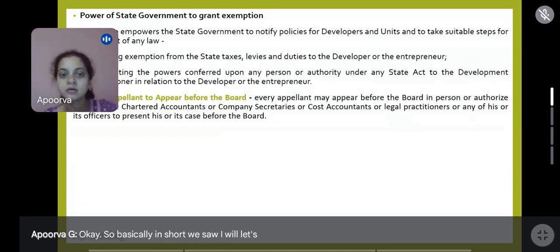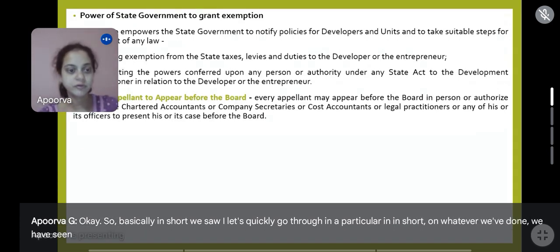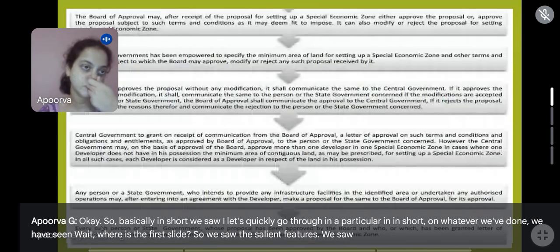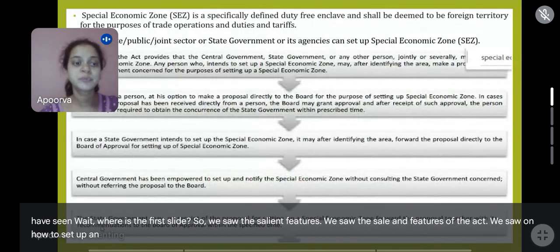Okay, so basically, in short, let's quickly go through in short whatever we've done. Wait, where is the slide? So we saw the salient features of the Act. We saw how to set up an SEZ zone.